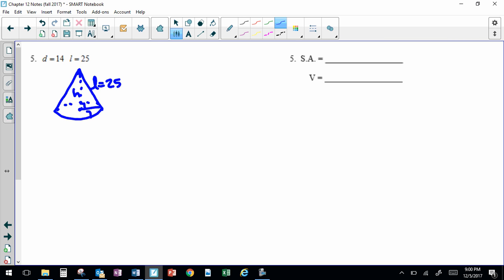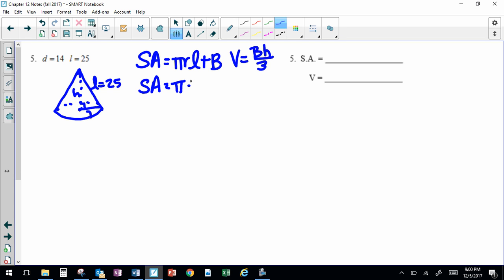Okay, so then our formula for surface area, remember, is pi r l plus capital B. Volume is capital B h divided by 3, or 1/3 times B h. So then for surface area, we have pi times 7 times 25 plus our capital B, since it's a circle, pi r squared.